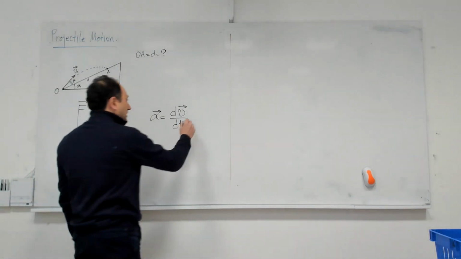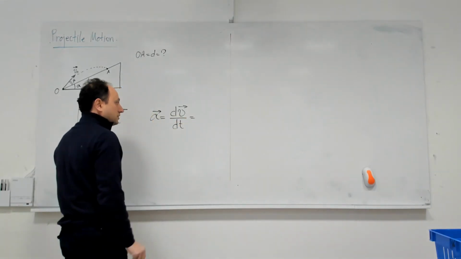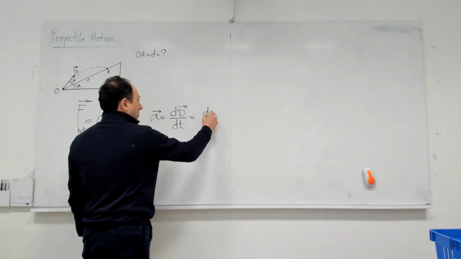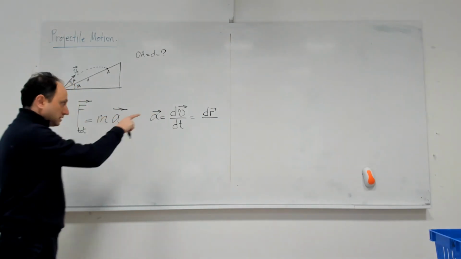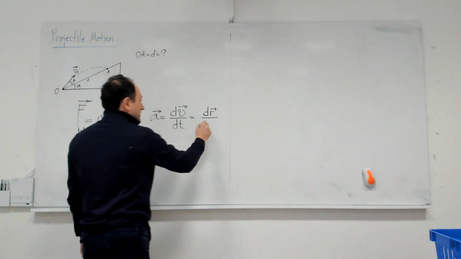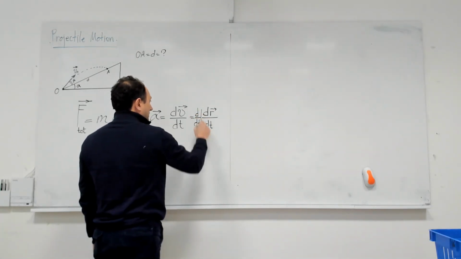Okay, and then of course, velocity itself is the derivative of position with respect to time. So this is dr. r is the vector that locates the position of my particle, yes, and then dt, and then I have another d/dt here.